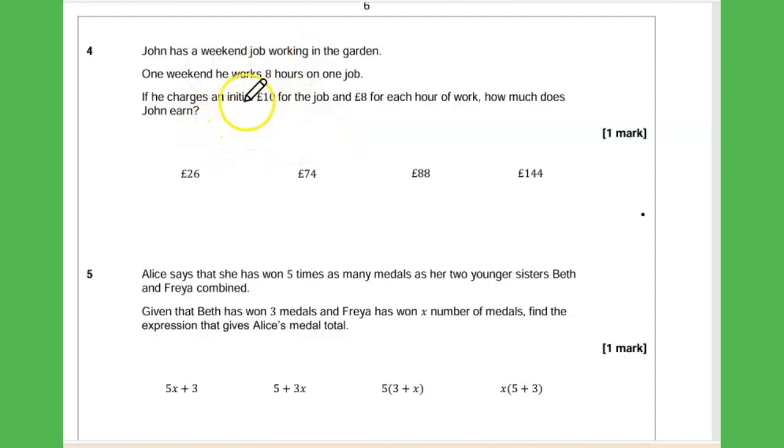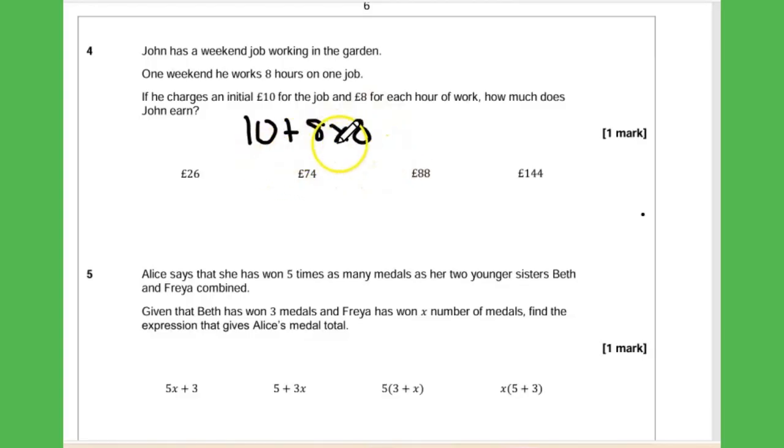So the first charge is £10 already, plus £8 for every hour. And he worked how many hours? He worked 8. So 8 times 8 hours that he worked, since he's charging £8 for each hour of work, that will give us 64.